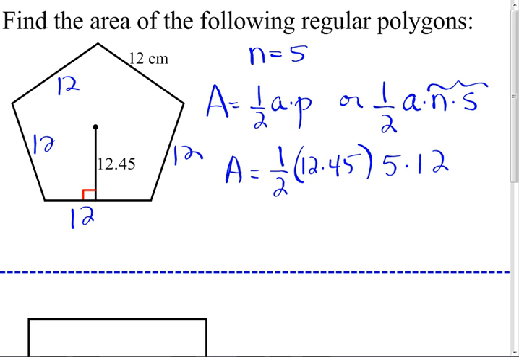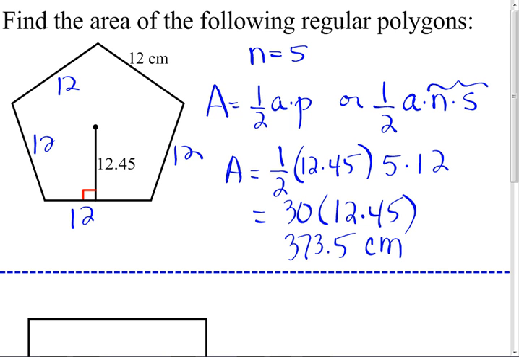I would do half of the 60. That's 60 right here. Or I could do half of 12. So it's going to be 30 times 12.45. So it's going to be bigger than 360. I don't know how big it is. Do we care? It is 373.5 centimeters squared.